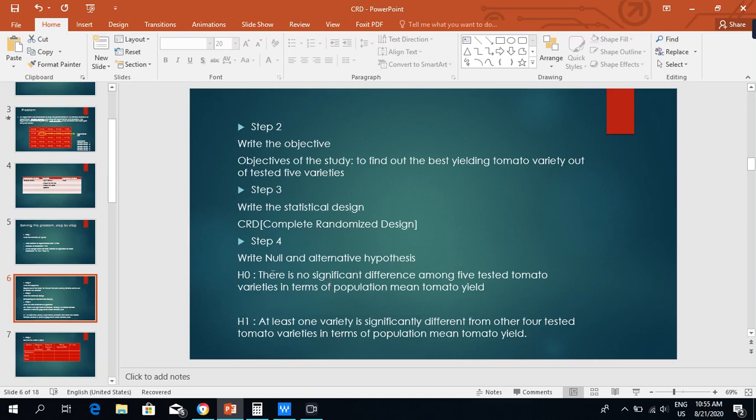Like that you can adjust your statement, but you can use the same structure for every CRD problem.